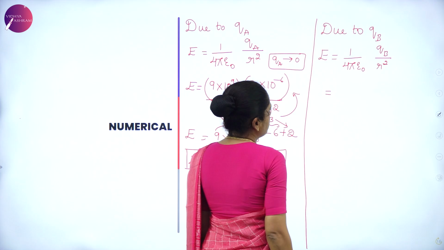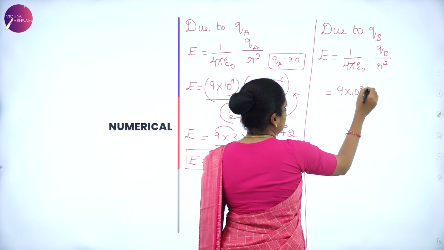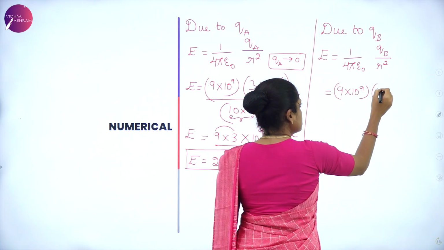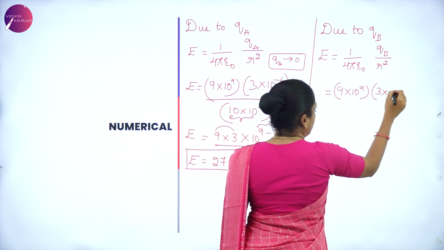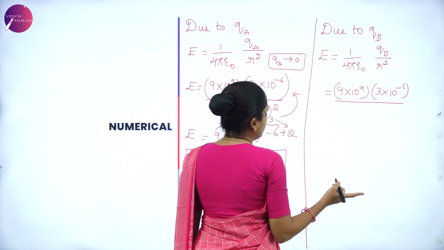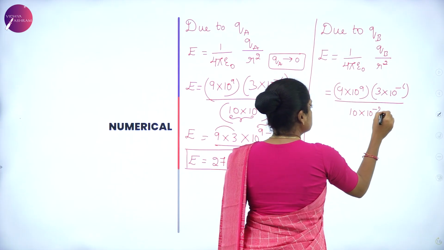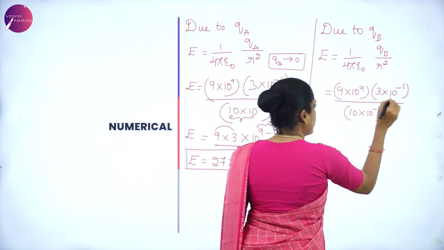Substitute the values. 1 by 4 pi epsilon naught value is 9 into 10 power 9. QB value is same as QA divided by R value is 10 into 10 power minus 2 whole square.